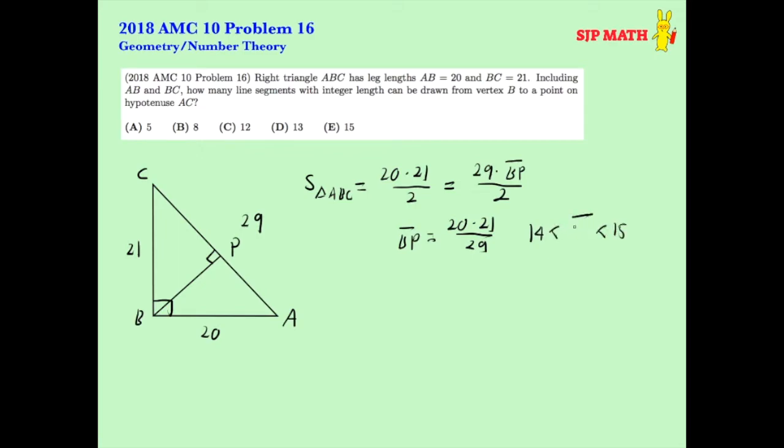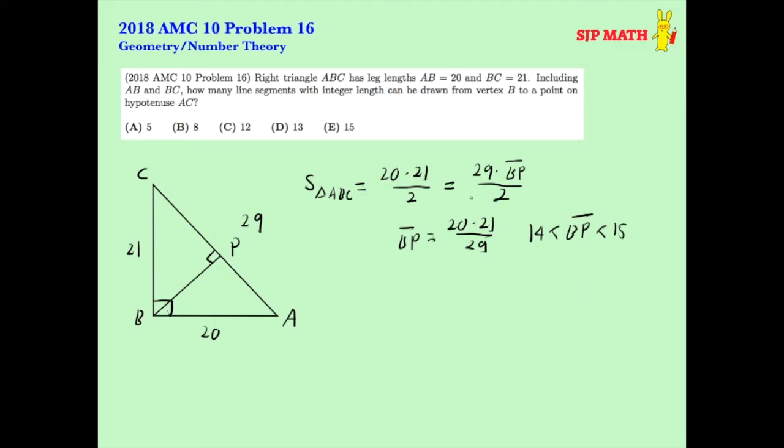Now we already calculated the approximate value for BP, so we're going to try to count these line segments. And as we solve this problem, we're going to realize that this piece of information was pretty important.